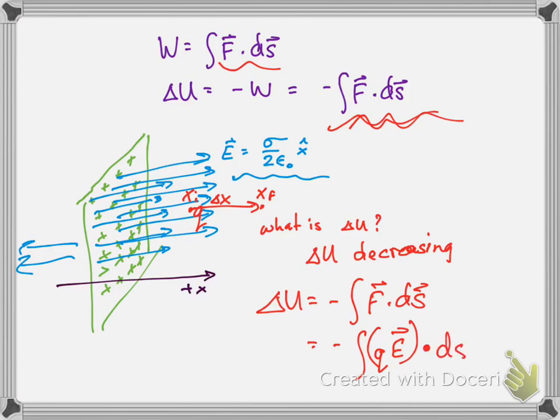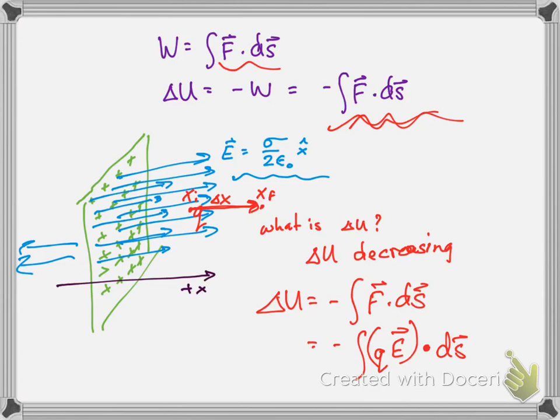That's the force dot ds. And what is ds? ds is the integration variable, but it's the direction that we're moving, telling us we integrate over the path length, and we're moving in the plus x direction. So that's going to turn into dx.